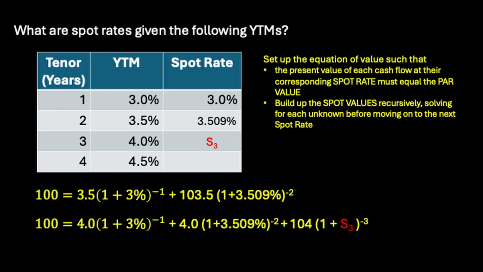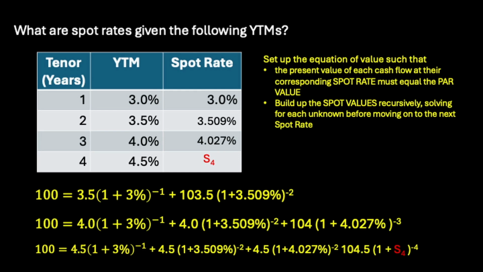Excel will arrive at 4.027%, and we set up our next equation to solve for S4 using all the previous computations to come up with this latest one. Finally, Excel arrives at an answer of 4.558%, and that is the trick. We have now managed to compute the spot yield curve from the par yield curve by using the process of bootstrapping. We're showing the actual Excel screen capture over here to show the entire process as follows.